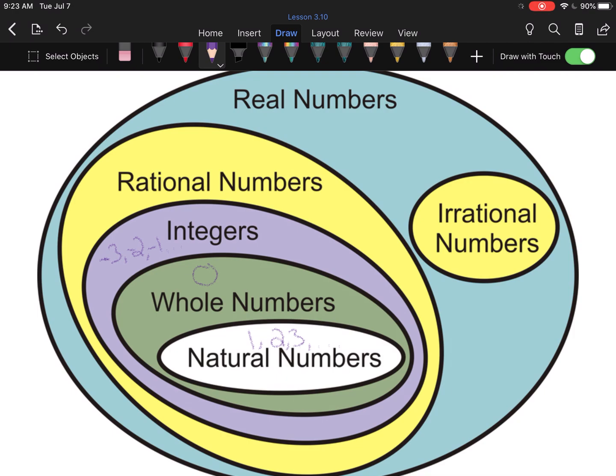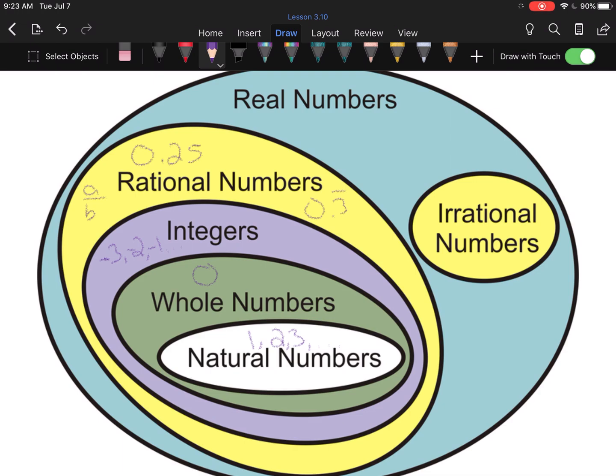Your rational numbers are your fractions. They are your decimals that end. They are your decimals that repeat. Rational numbers are fractions, decimals that end, or decimals that repeat. Everything is real. Well, I shouldn't say that. Most things are real.